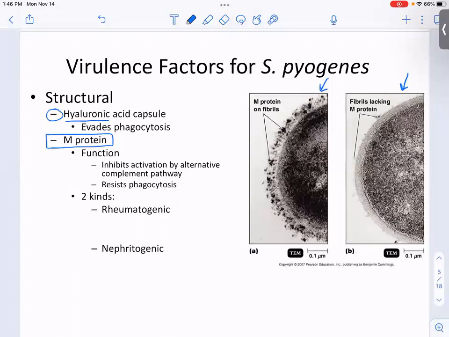But what it does, remember we talked about there's 3 different ways that complement can get activated. Sometimes with the classical activation, it's an antibody bound to an antigen that causes C1, then to start the complement cascade. Sometimes complement is activated by lectin binding to a monosaccharide called mannose on the surface of bacteria.